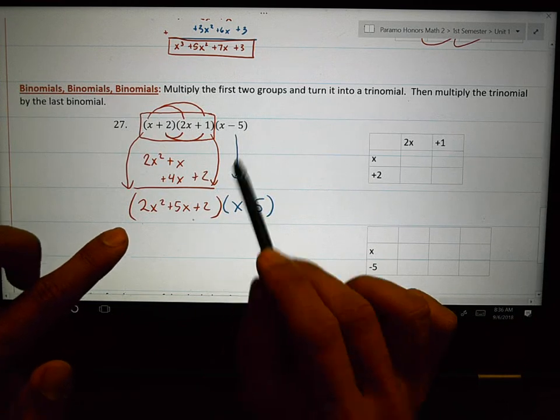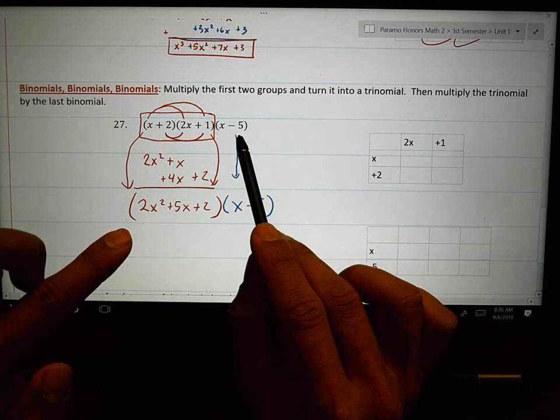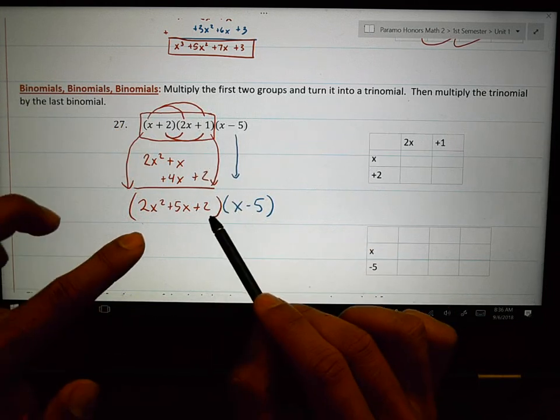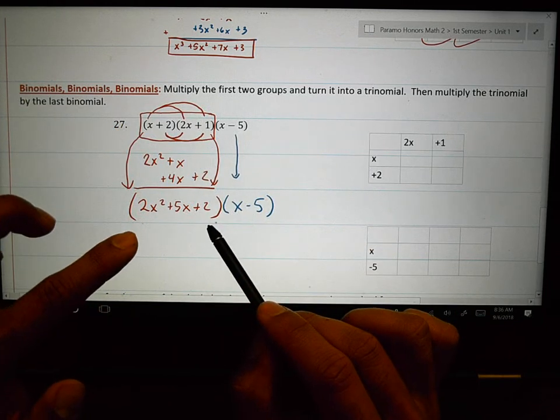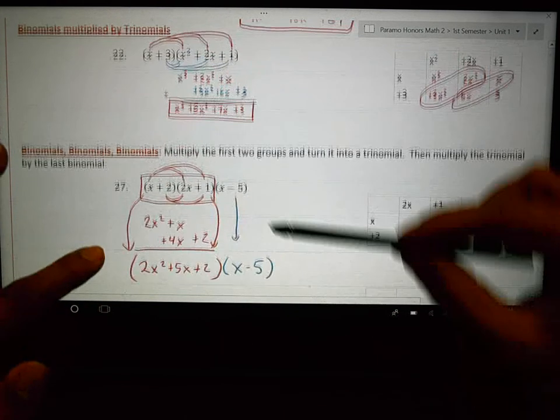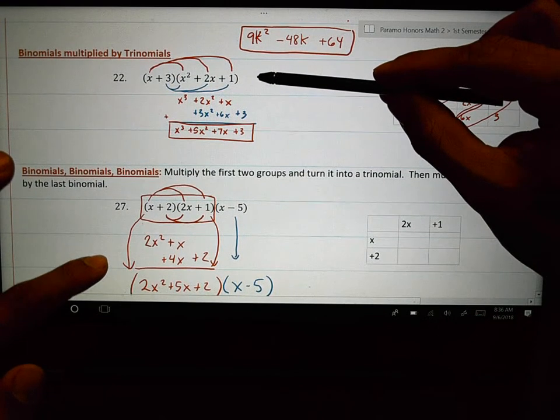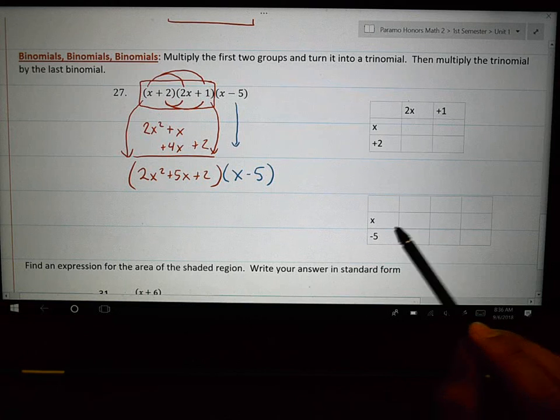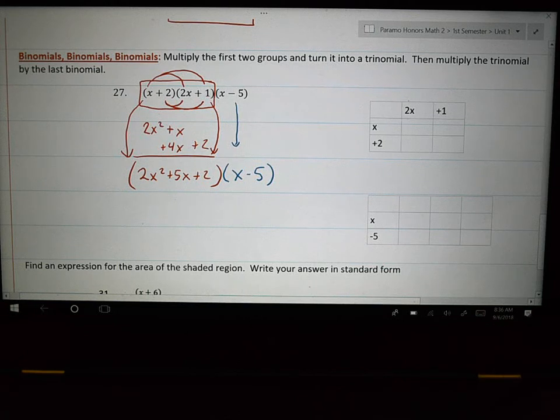Oh, some of you might forget about that x minus 5. Make sure it's still in parentheses. Make sure this product is still in parentheses until you now have this kind of problem where you have a binomial times a trinomial. And in this problem, you're going to have those 6 boxes for the area model if you're going to do it that way.